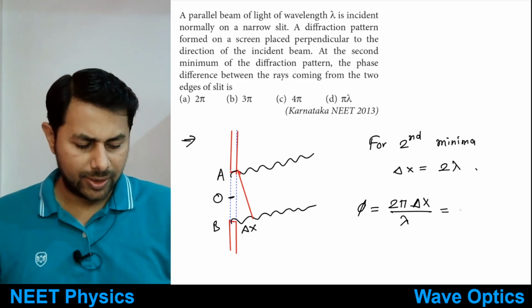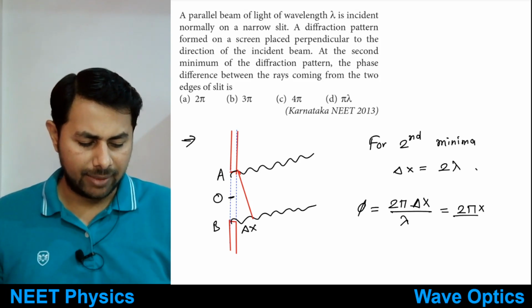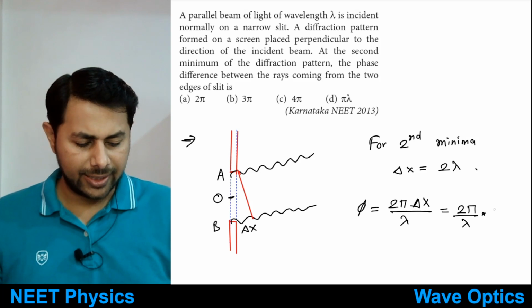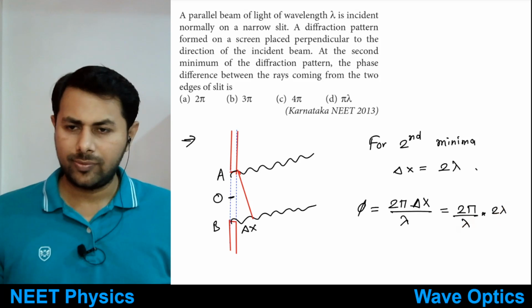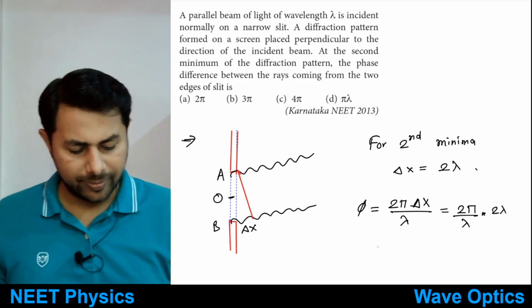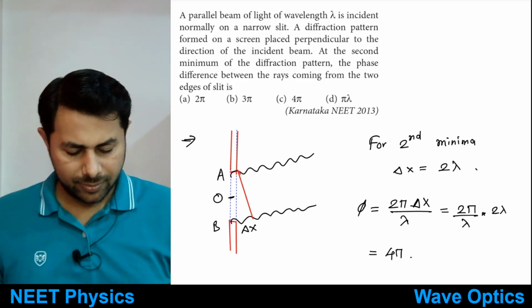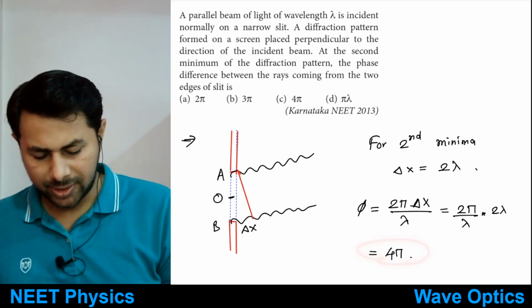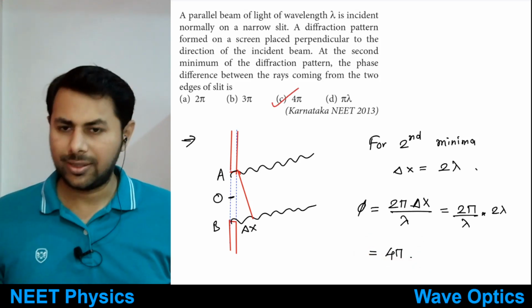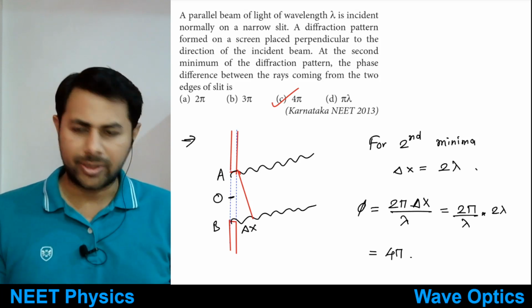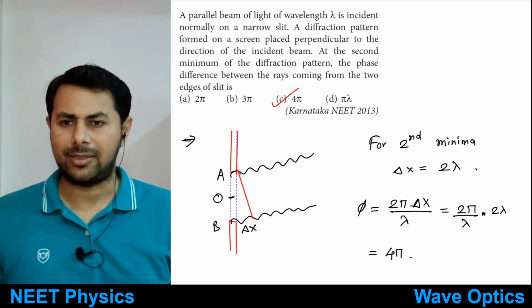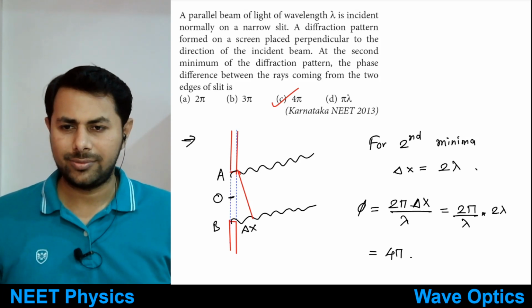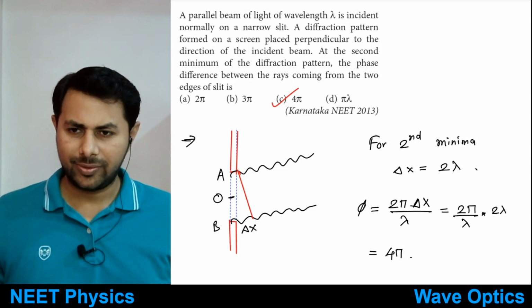Just put the values: 2 pi by lambda times 2 lambda. So this gets cancelled out, and the phase difference is 4 pi. So the answer is option C. Or simply you can say that a path difference of lambda corresponds to a phase difference of 2 pi. Path difference is 2 lambda, so phase difference would be 4 pi, right? This is clear, everyone?